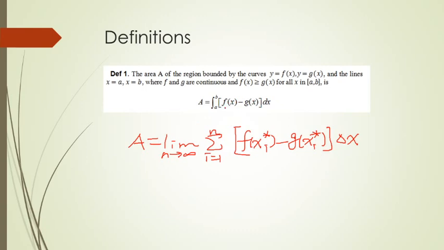And by the way, how can we evaluate this definite integral? Fundamental Theorem of Calculus part 2, right? Try to find the antiderivative for f(x) minus g(x).